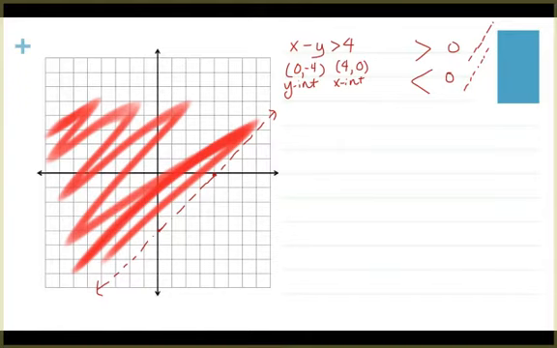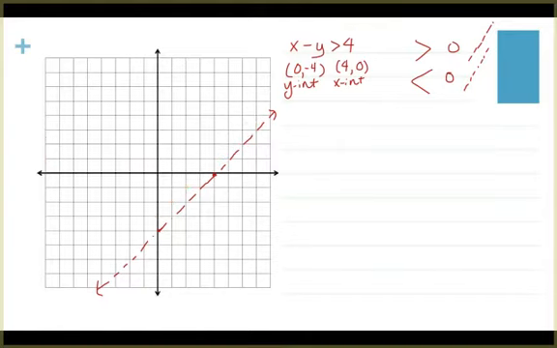So we have to figure out which half it is. And that's really the only new thing: where do I shade? And the solid versus dash thing. As long as I'm here, let me put that if it was less than or equal to, or greater than or equal to, if we were doing number lines, that would be a solid dot, and here it would be a solid line. So that's what takes care of the line.